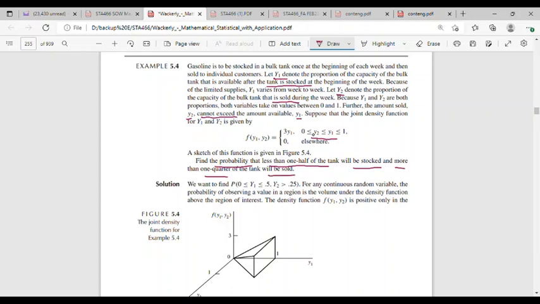Sebab itulah kita dapatkan probability of y1 tadi yang stock kan, y1 less than half, less than 0.5, and y2 more than 1/4, 0.25. Okay, so itu kita dapatkan nilai probability-nya.